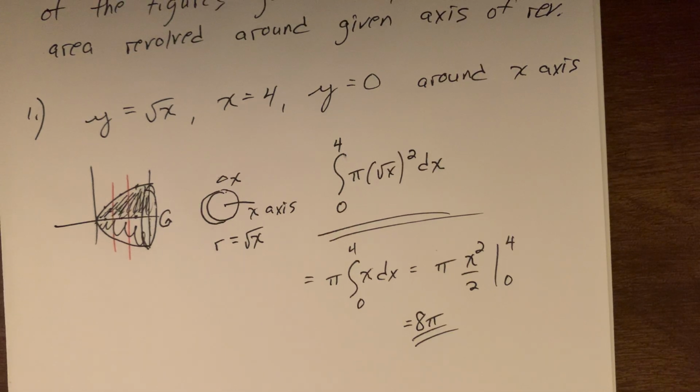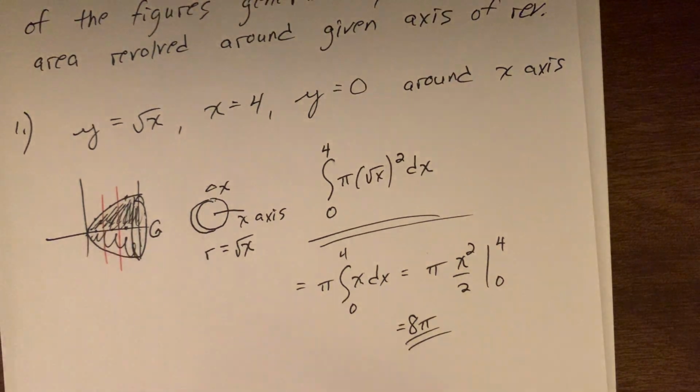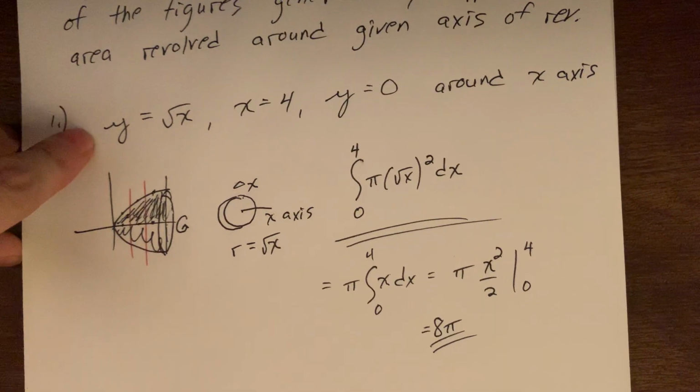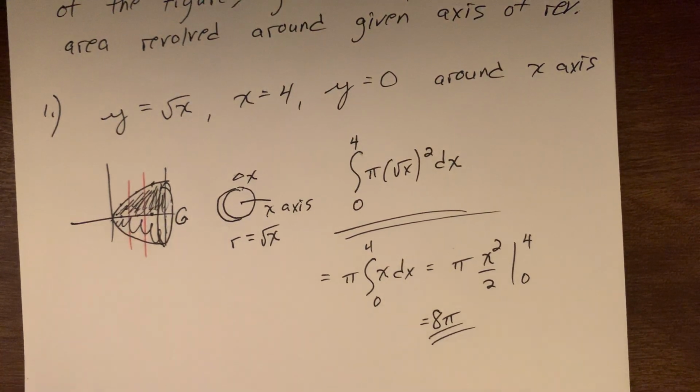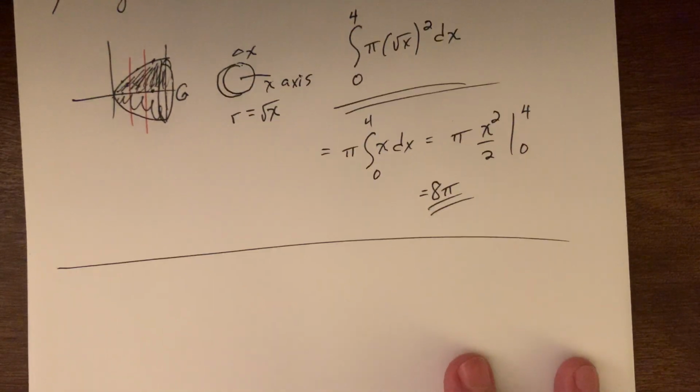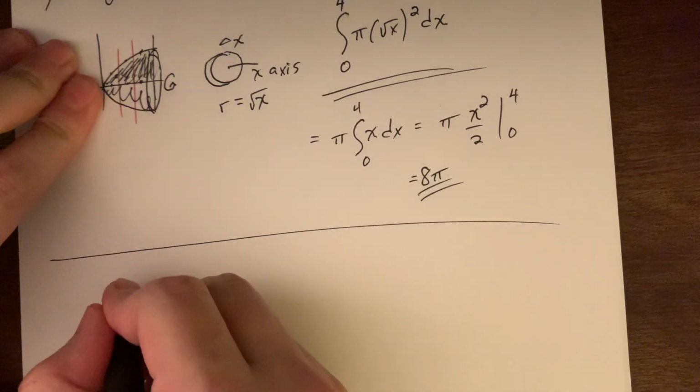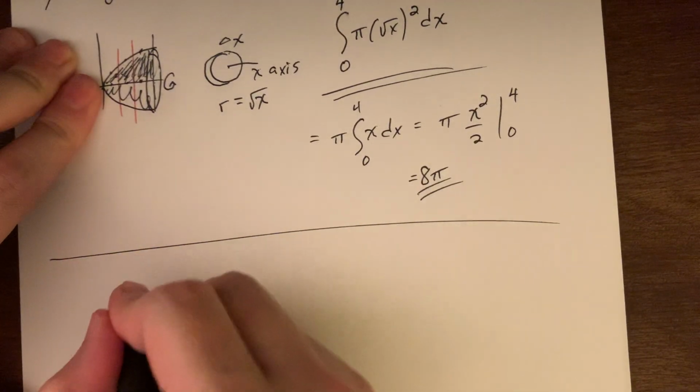Okay, just before I jump into number 2, I just want to point out a couple of quick things about these revolutions. Definitely wanted to get a good problem done, but now to just point out a couple of quick things before we continue with these directions. So, just a quick little point. How do you revolve something like this?